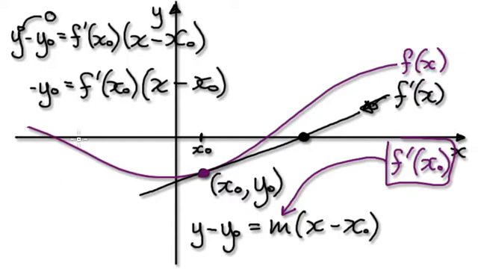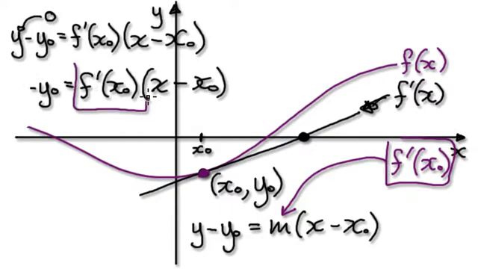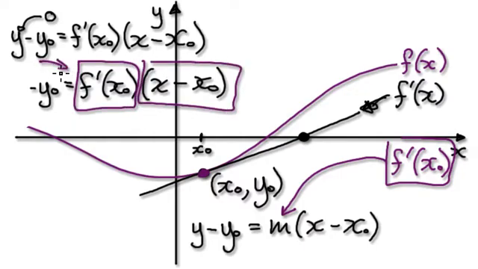Rearrange this. Starting from here, divide both sides by this block here, because at the moment you've got this block multiplying with this block here. So divide both sides by this.